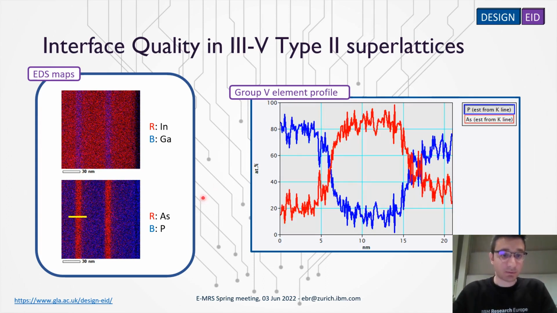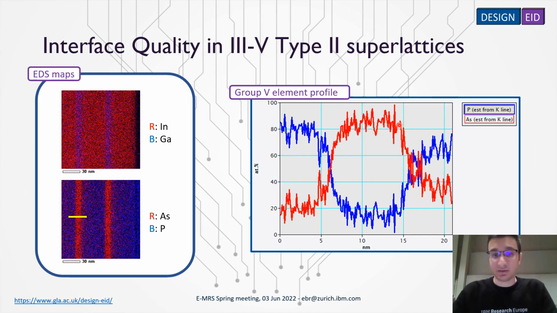If we perform a similar analysis on the 5 element, again, we take a composition profile through the quantum well, we can see how in the indium phosphide layer, as we expect, phosphorus is the majority element. Phosphorus concentration then drops sharply at the quantum well interface, and the arsenic composition shoots up to make arsenic the majority element in the quantum well itself.